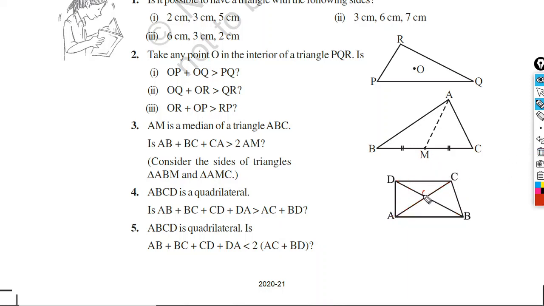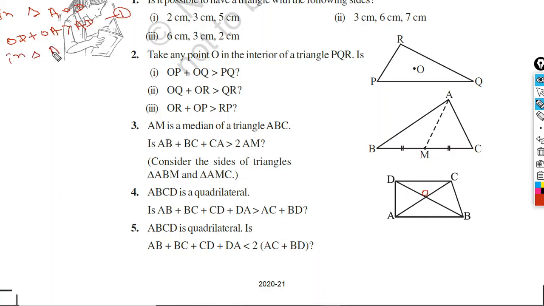First we will take triangle AOD. OD plus OA is greater than AD. Statement 1. Again triangle AOB.